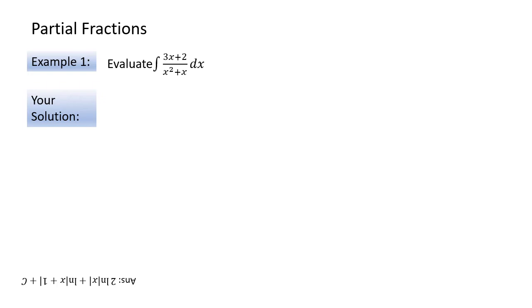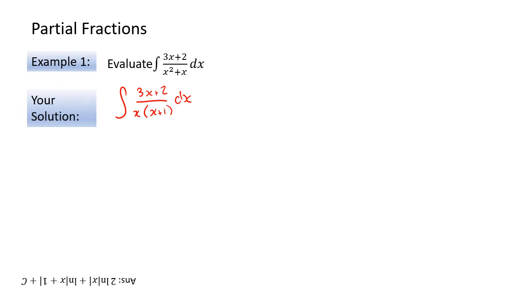Okay, so factor everything in the denominator. So we can write this as 3x plus 2 divided by, you can see we have an x common to both terms. So we can factor out that x and we get x plus 1. Okay, so you'll see that we can't factor that anymore, right? There's no way we can possibly factor anything additionally.